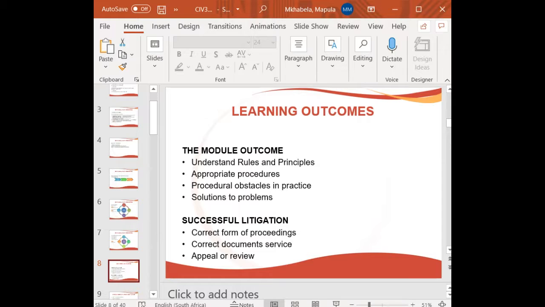In order to litigate successfully, these important procedures are to determine the correct form of proceedings or legal action taken against someone, the correct documents to be prepared and filed in court, their method of service, the conduct of proceedings in court, and whether the order is subject to an appeal or a review.